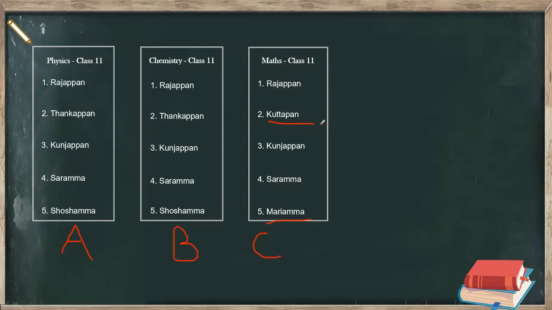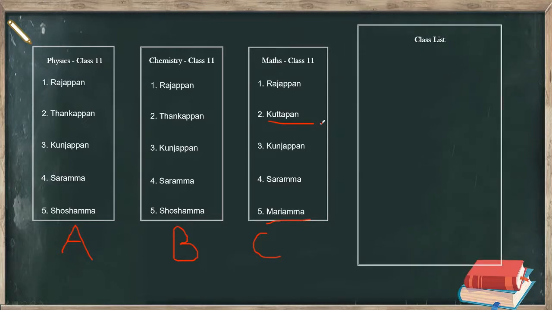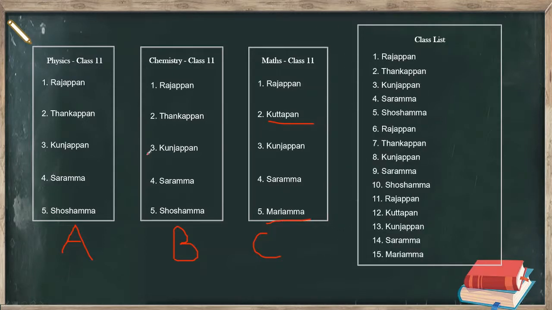That is, do a union operation with all three sets. One way of doing it is just writing all the names. So I included all the names in order: Rajapan, Dangapan, Kunyapan, Sarama, Shosham, and I kept going like that.